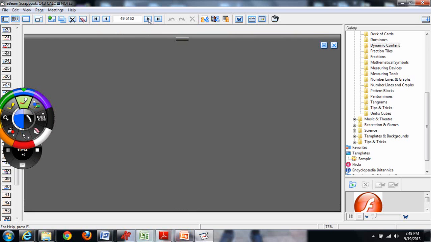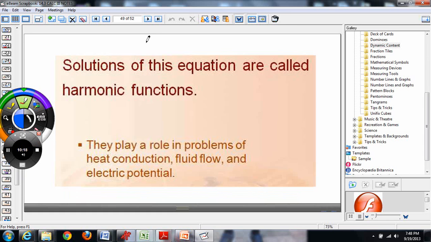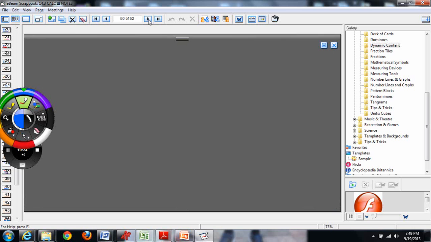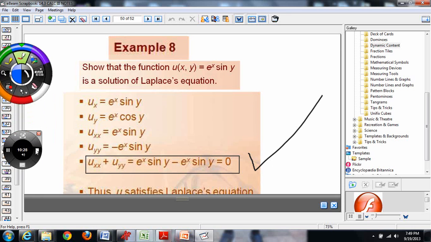That tends to be an equation that has some applications. So these are a few examples of the applications, and this is an example of how his equation makes sense, how it works.